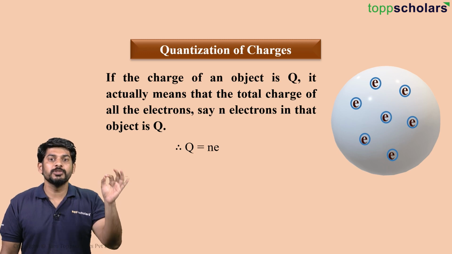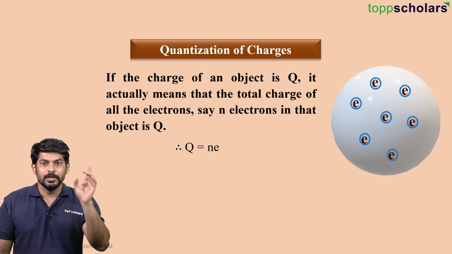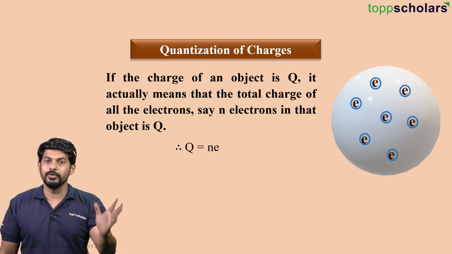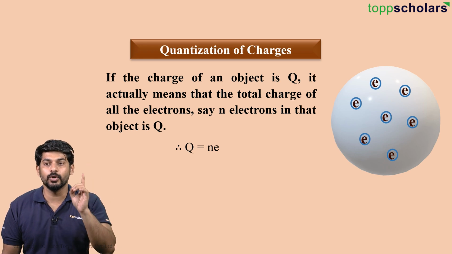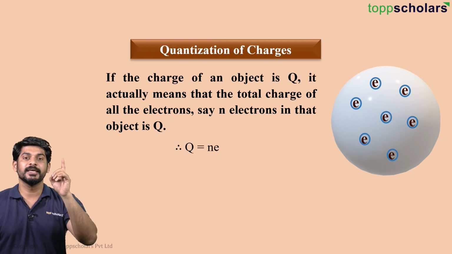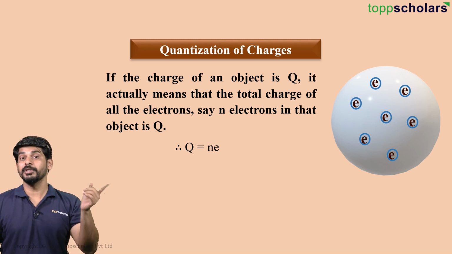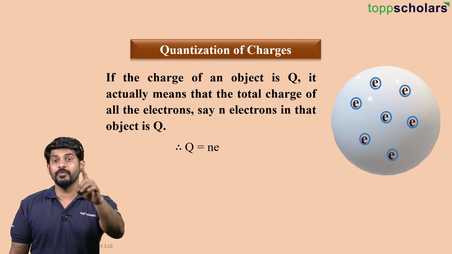It will always be equal to some integral multiple of e only. It will never be half, never be a quarter, or any other number, isn't it? It may be positive, it may be negative, but it will always be an integral multiple of e only.